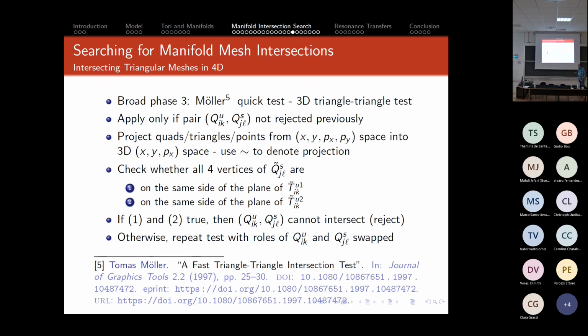And then the last part of the broad phase is that we just check, okay, you've got one quadrilateral made of two triangles. Take the equation of the plane of those two triangles and see if all the vertices of the other quadrilateral are on the same side of those two planes. If you have all vertices of a quadrilateral on the same side of the plane, well, that cannot possibly intersect that plane then, and that triangle.